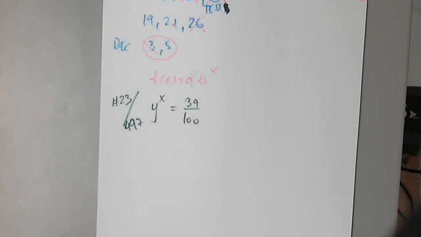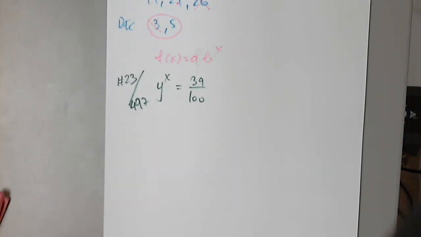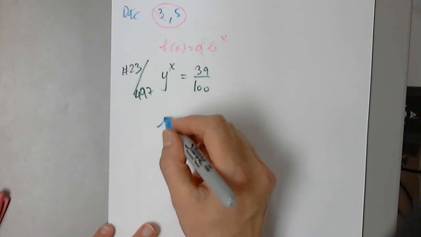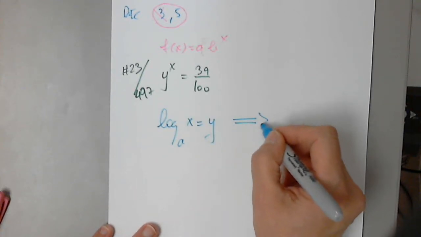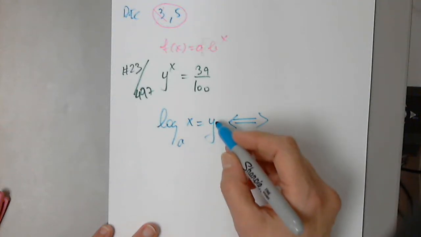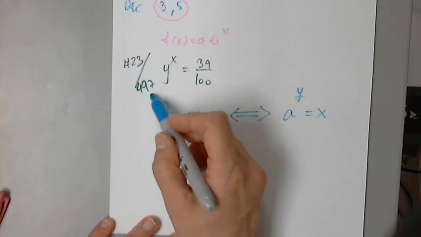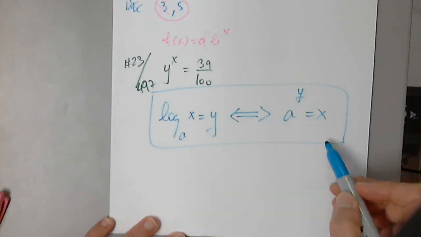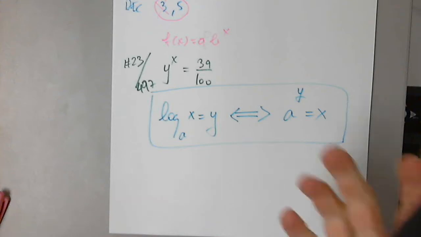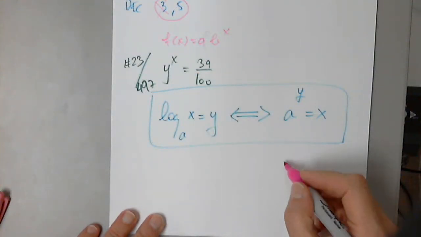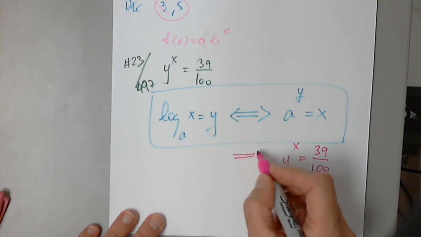So here's how I would address this problem. I would write the most important relationship, which is log base a of x equals y, which is equivalent to a raised to y equals x. This is what I know. And by similarity, I will put this on the right-hand side as y to the x equals 39 over 100.